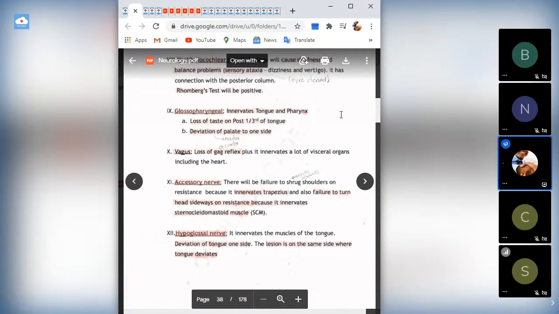That's why when there's glossopharyngeal nerve palsy, they cannot make this R sound. So when you tell the patient to open the mouth and make the R sound, you'll notice quickly that there is division of the uvula.